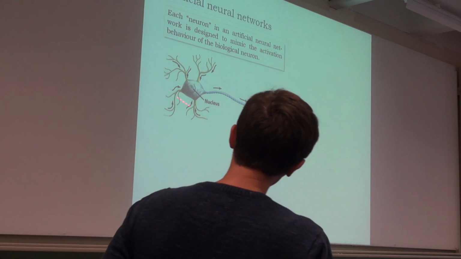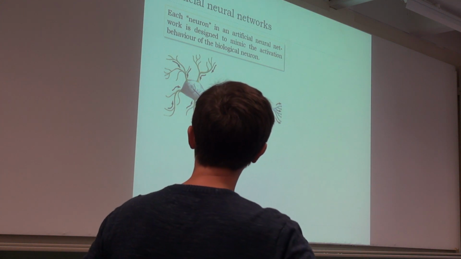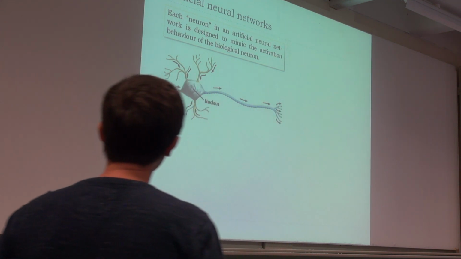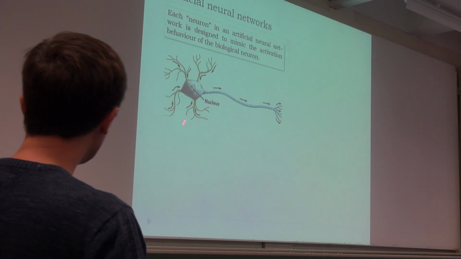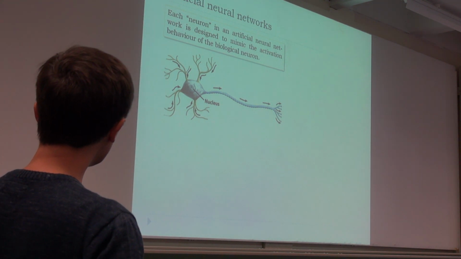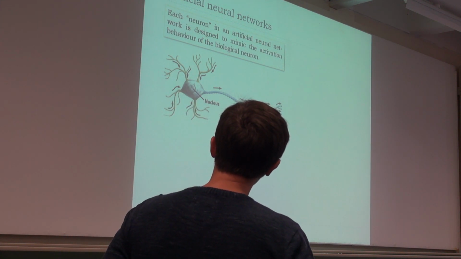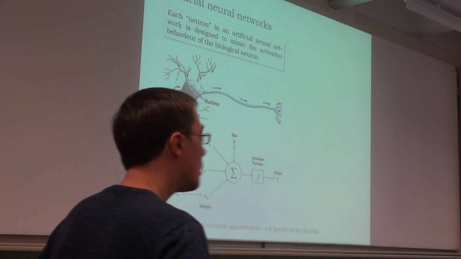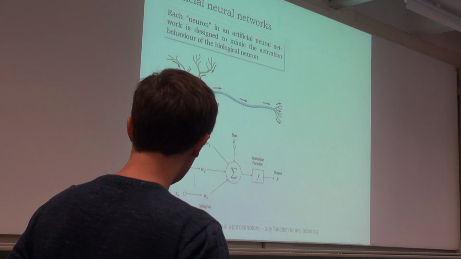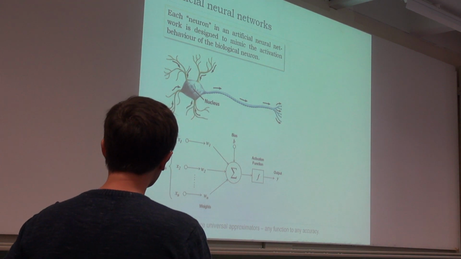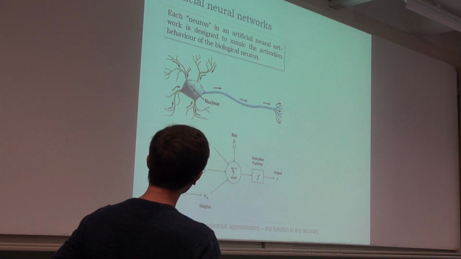So this is a neuron, and this is how it functions. It collects electrical signals from the various little appendages called dendrites, and then when it decides that it became necessary, it sends a signal down the axon to other neurons. It is possible to make a mathematical model of that, where the signals that go in correspond to certain numbers. A big number is a signal of high amplitude, and so on.